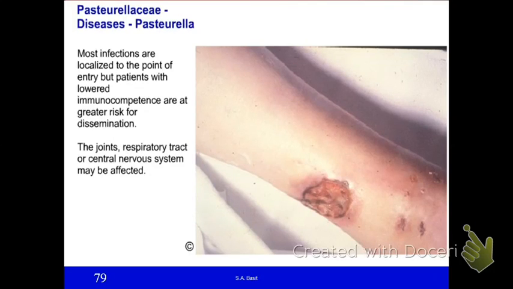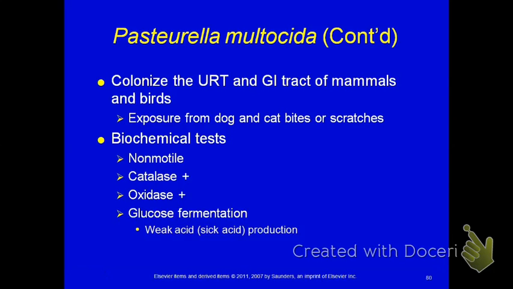You are more predisposed to infection if you are immunocompromised. The joints, the respiratory tract, and the central nervous system could be affected. Pasteurella multocida could colonize the upper respiratory tract and the GI tract of mammals and birds. Exposure from dog and cat bites or scratches would be the most important predisposing factor to have this kind of infection.